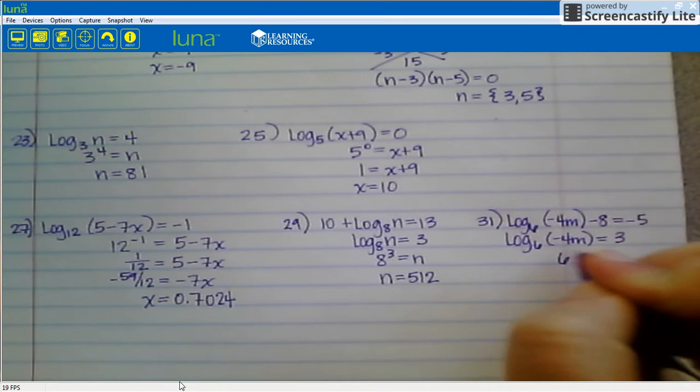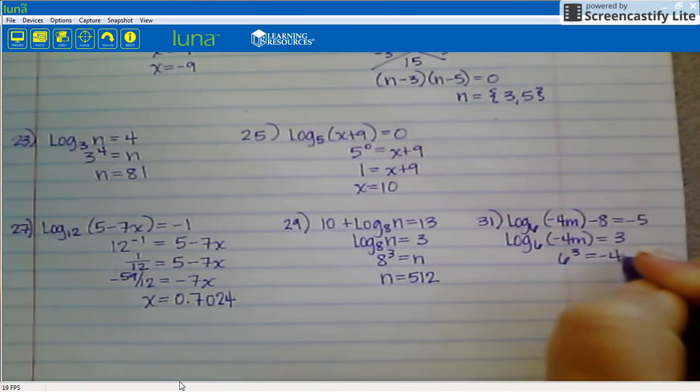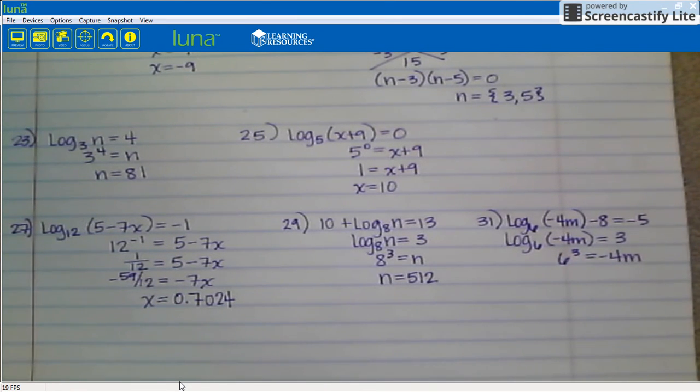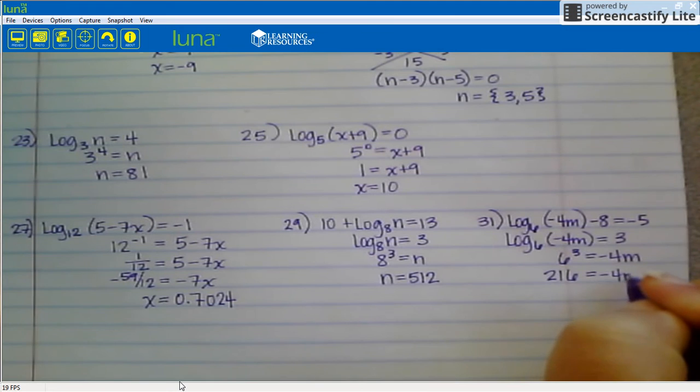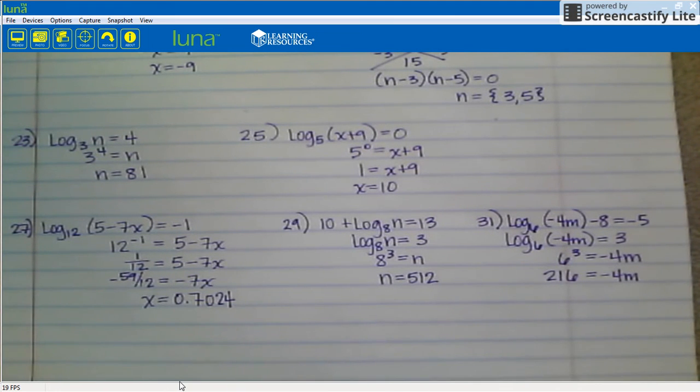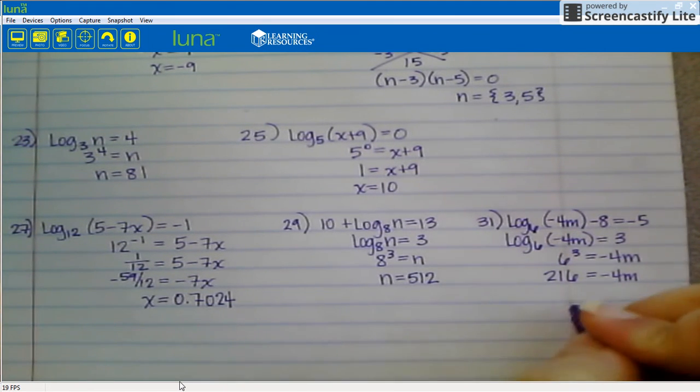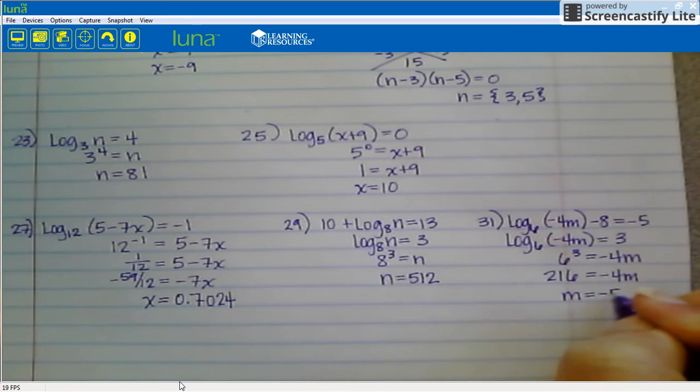And then I have 6 cubed is equal to negative 4m when I exponentiate. So I have 6 cubed is 216 equals negative 4m. And when I divide both sides by negative 4, this is going to give me m is equal to negative 54.